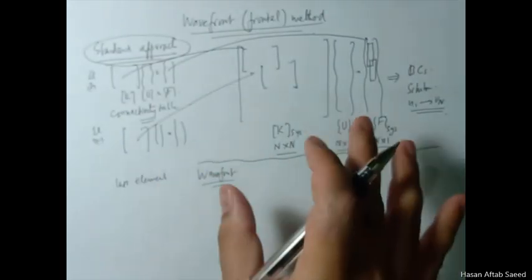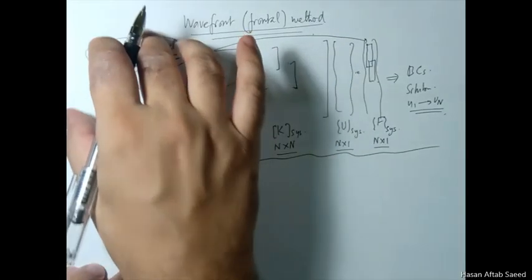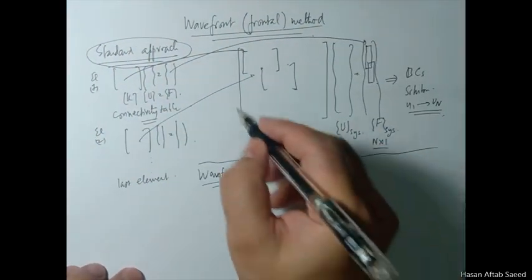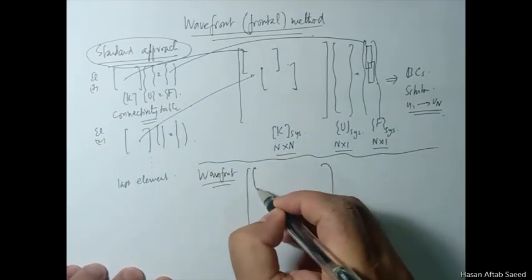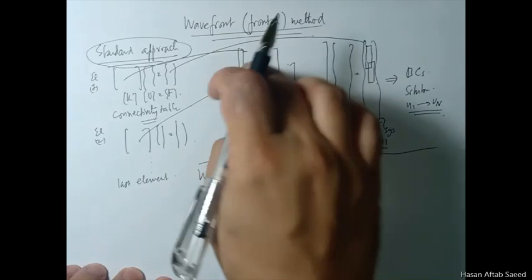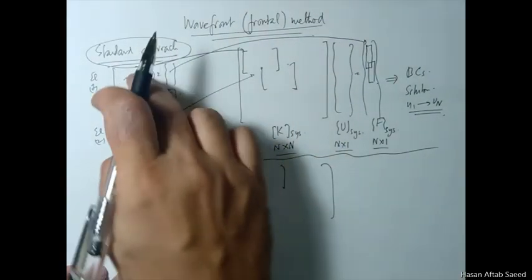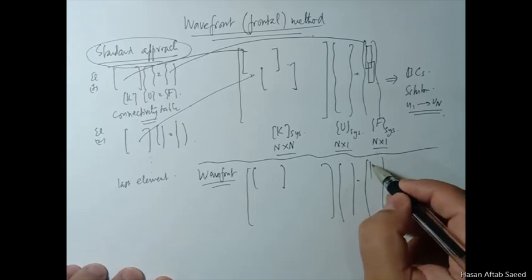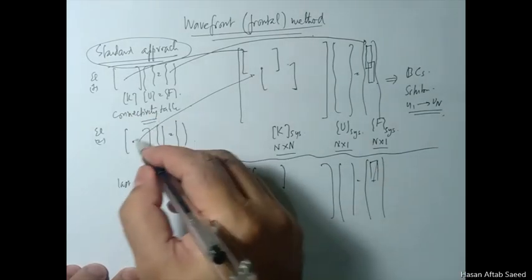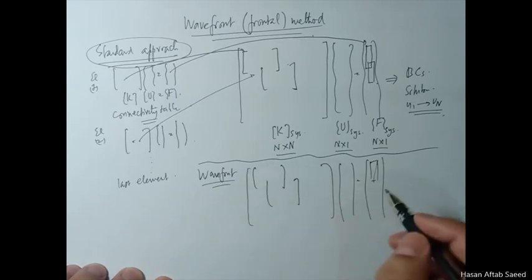Now what we do here is we start essentially in the same way. You start with element 1 and bring it to its relevant position in the system matrix. Similarly, the same goes for the force vector. Now element 2, bring it again here.